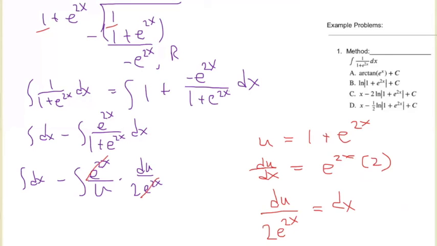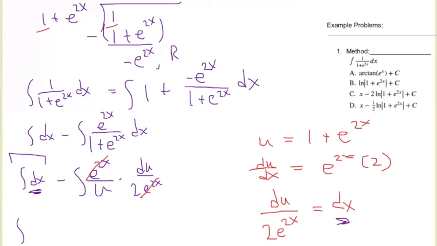Those guys cancel out. Now notice we're not substituting over here. We're not taking this dx and putting it over here. This is its own separate entity right now. If you don't separate that, it could just get messy. So let's just let it bide its time.